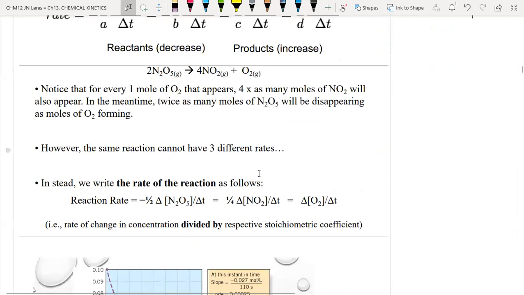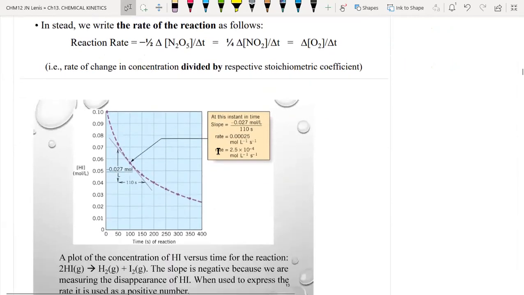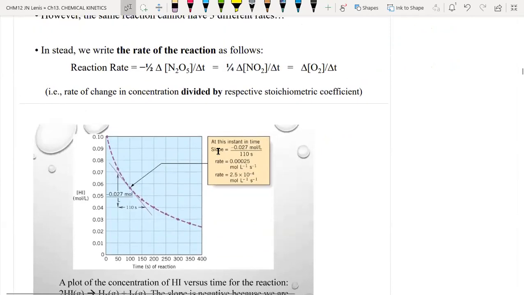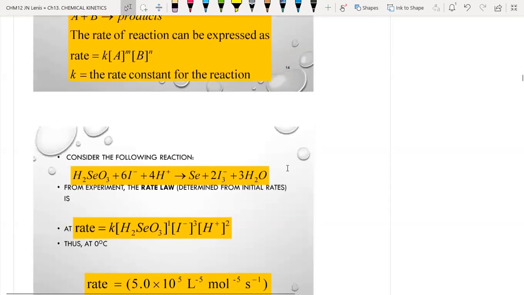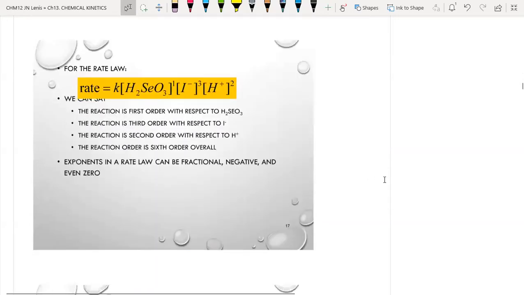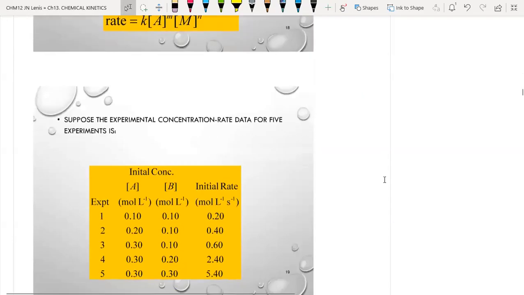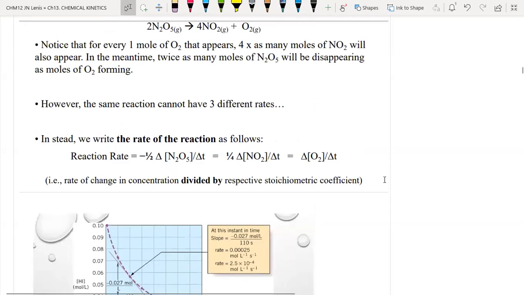We have one example here. Well, let me see my example. I lost it.